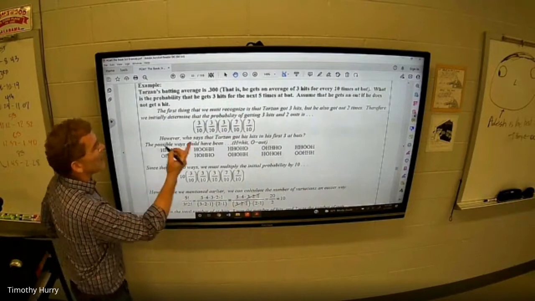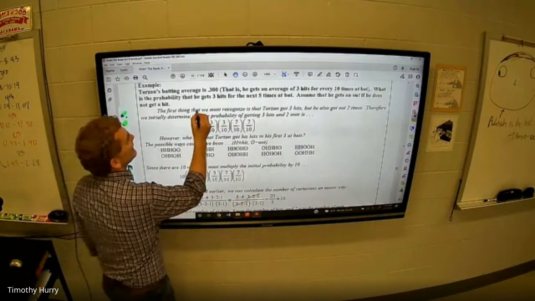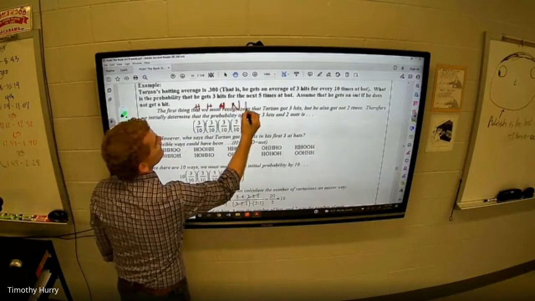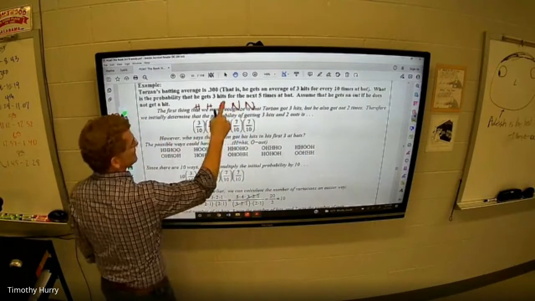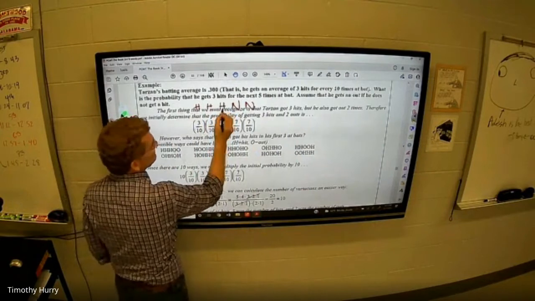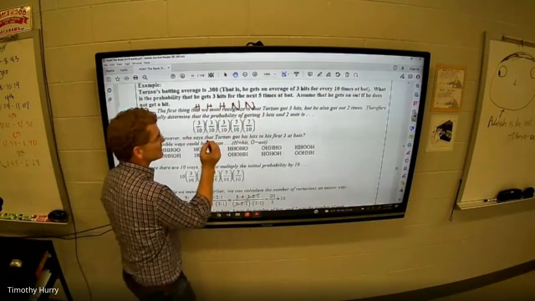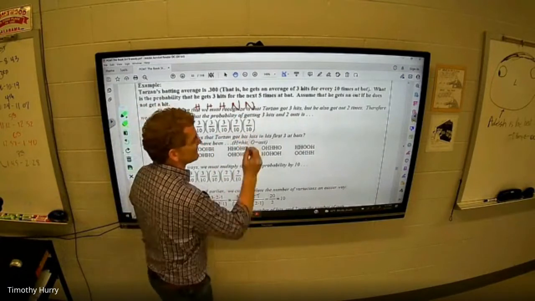Okay. So bottom line, we're saying hit, hit, hit, not hit, not hit. So we've got 3 hits in here, 2 not hits, but this definitely didn't specify it in that order, did it? So 3 tenths, 3 tenths, 3 tenths, not hit, 7 tenths, 7 tenths.